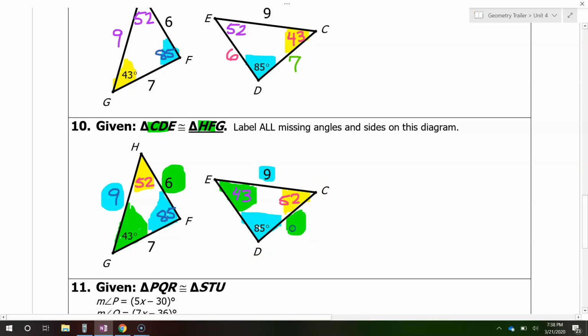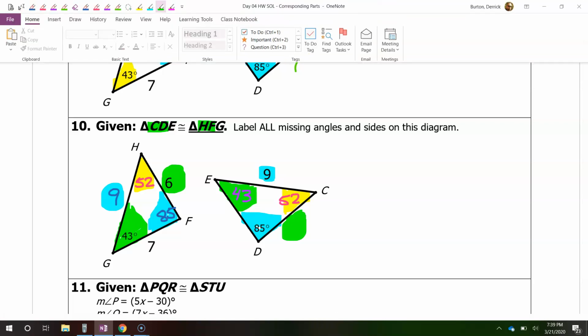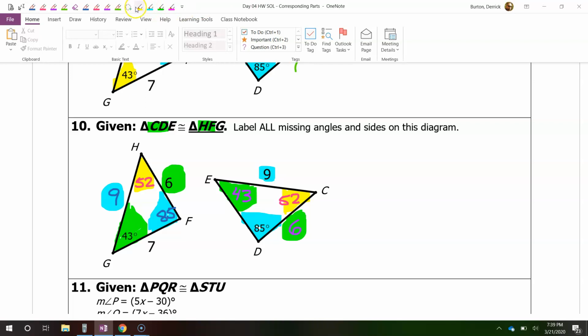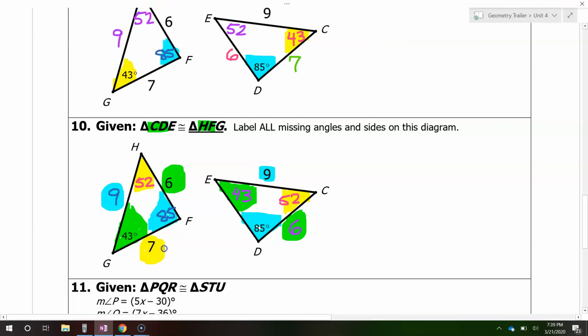Here's CD right here. So these will both be 6. That leaves 7. Here's 7, and obviously that means this will be 7.